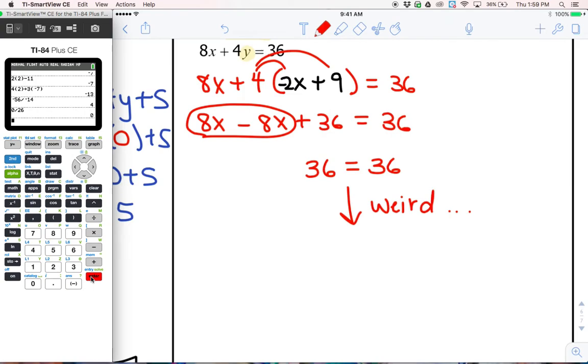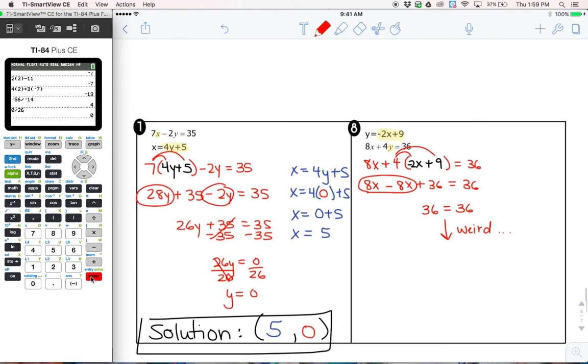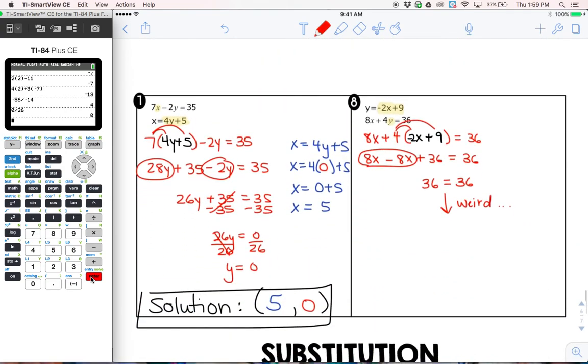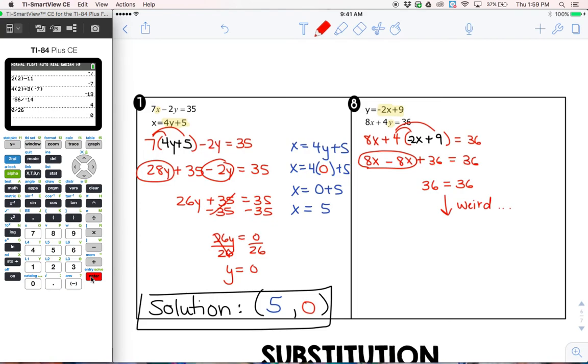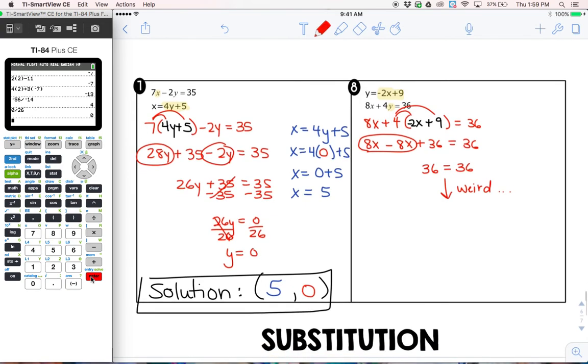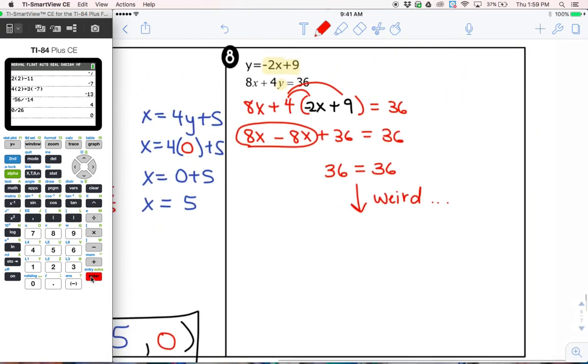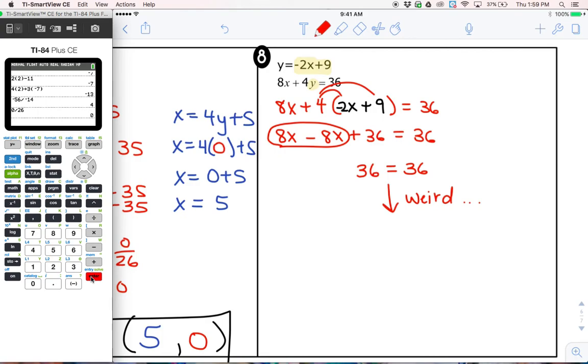Well, do we remember from a couple of lessons ago that a system can have a solution, just like all of our 3 answers we just did were solutions? But there's a possibility for no solutions. There's also the possibility for an infinite number of solutions. If you get something weird, it's either no solution or infinite solutions. We don't have an equation really anymore. We just have the statement 36 equals 36.